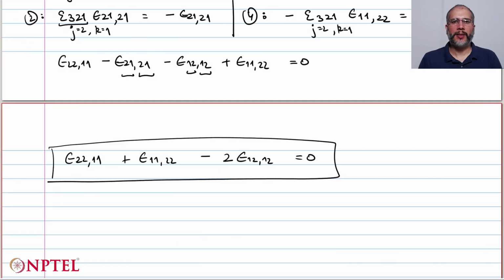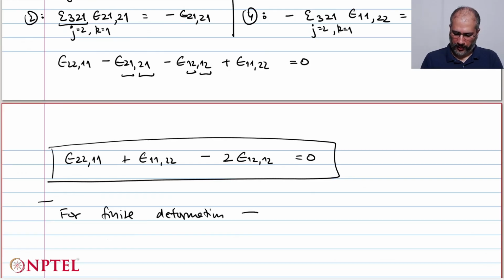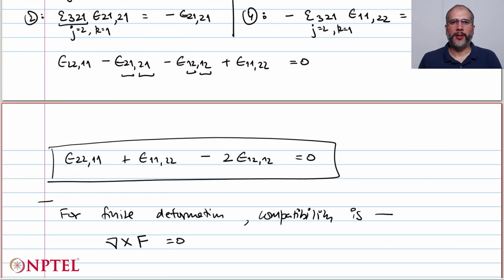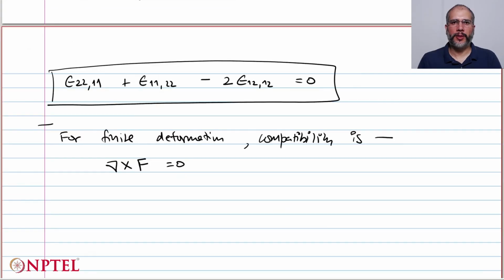So I'll simply write down the compatibility requirement for a finite deformation case. And the condition is that the curl of the deformation gradient tensor F has to be 0, which tells us that the terms of F are also not completely independent. There is some relationship between them. We will show this in the tutorial this week.